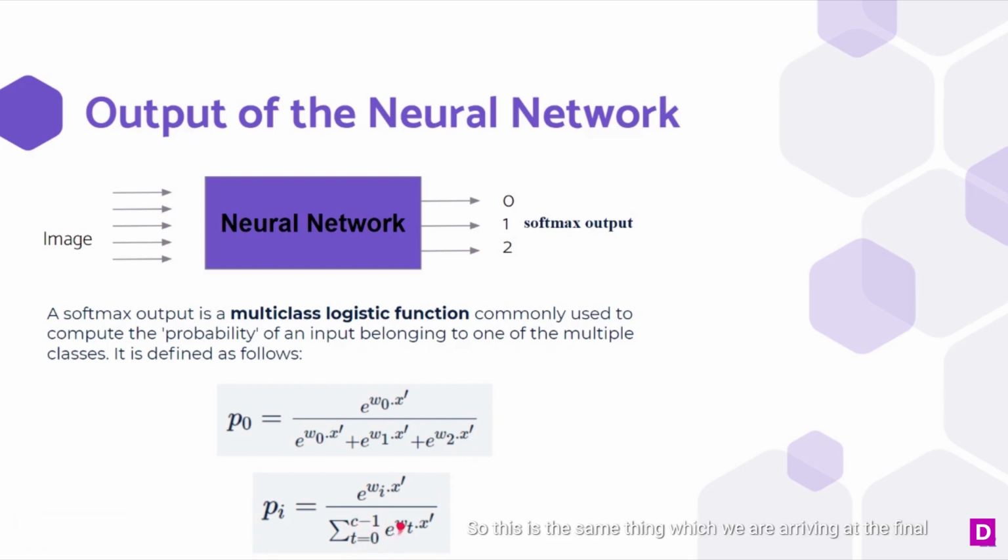So this is the final form, the general form of the probability function when finding the individual probabilities of the softmax output function.